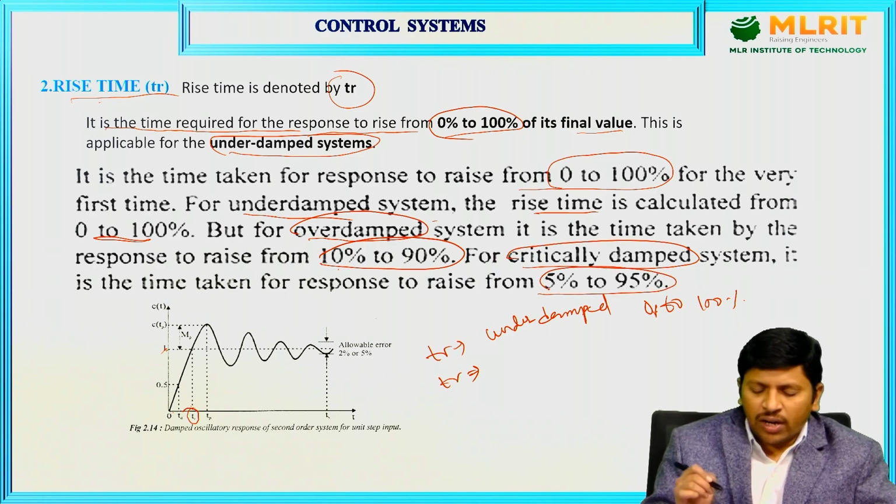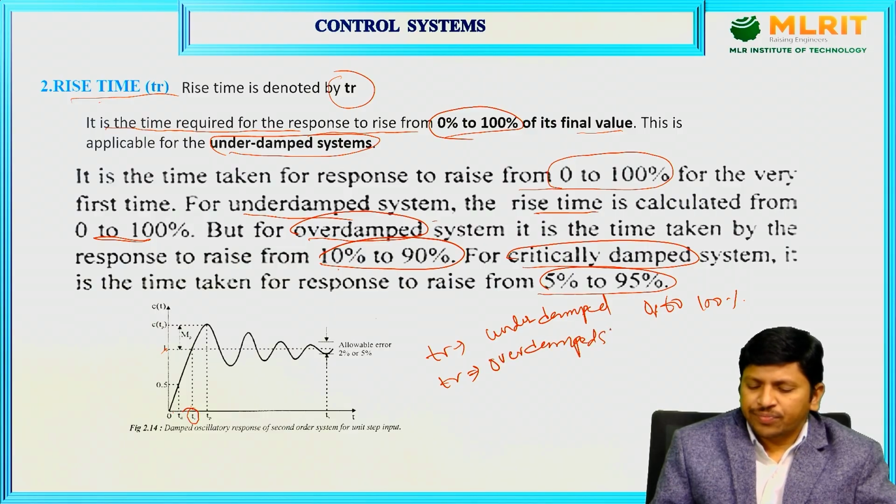Here Tr, or rise time, for the overdamped system is 10% to 90%.